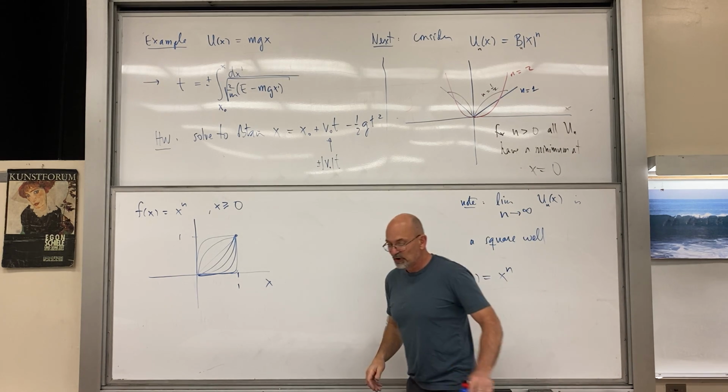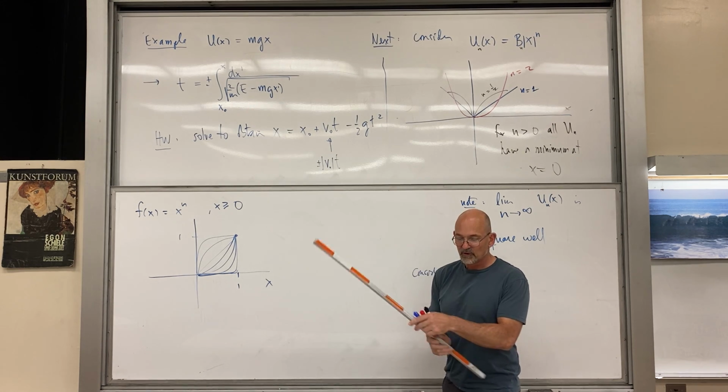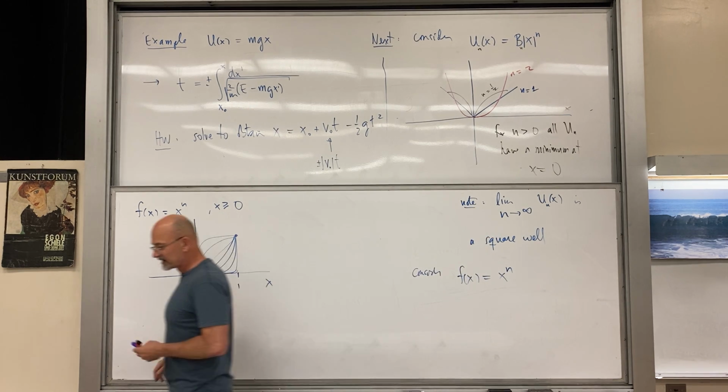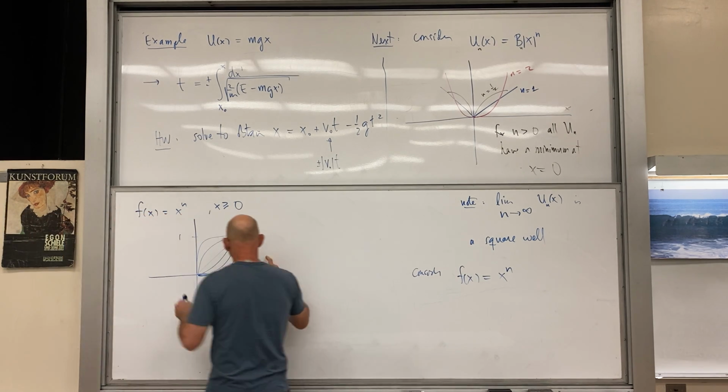And what I want to do is this integration for all of them in, so to speak, one fell swoop. Consult the clock here. Okay, perfect. So square well via this.